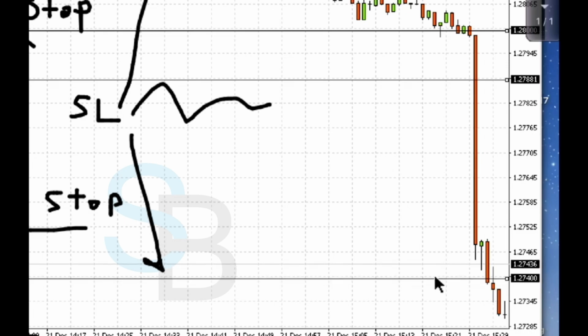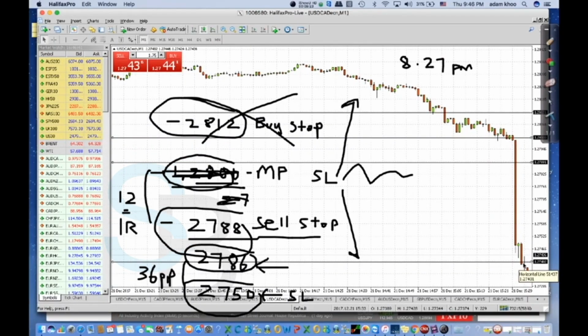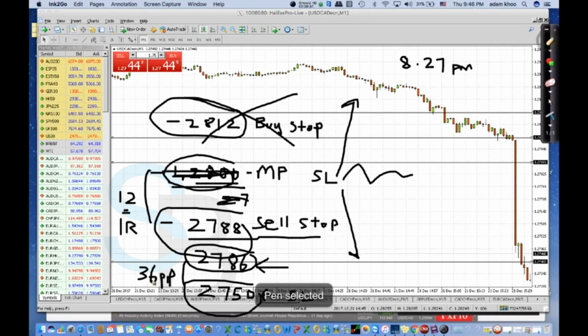Right, so my stop loss was now here. So again, as it goes down, I keep shifting my stop loss down to protect profits. If this trade had been going up instead, I would shift my stop loss up to protect my profits. Okay, so at the end of the day, I added another 10 pips. Eventually I got stopped out at 2740 for a total of about 46 pips.